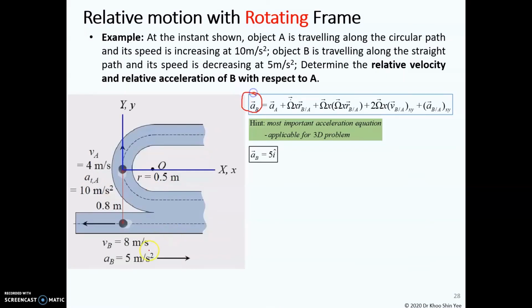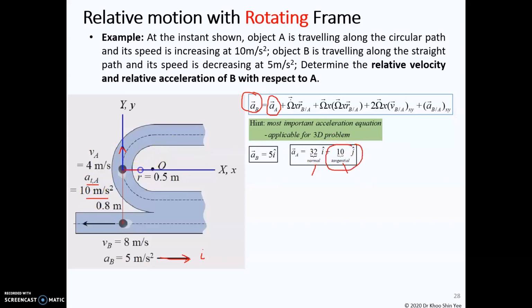a_B is equal to 5 in this direction, which is the i direction. Therefore, a_B is equal to 5i. The acceleration at point A has two components because object A is moving in a circular motion. You have the tangential acceleration, which is equal to 10 in the j direction, which is this.